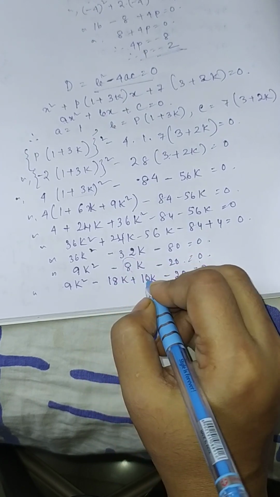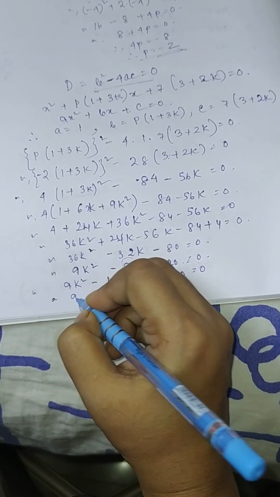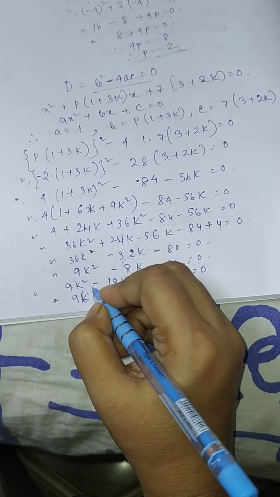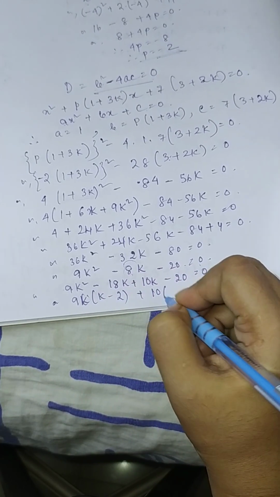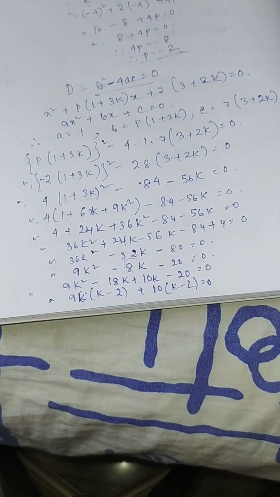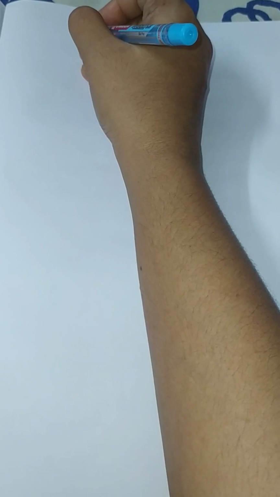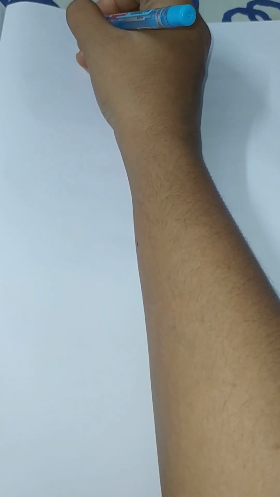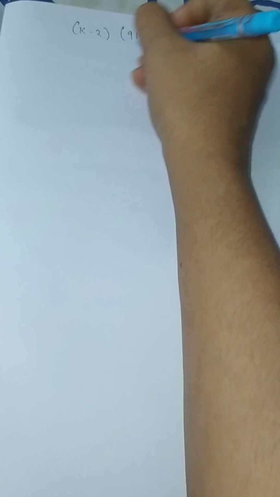So minus 18k plus 10k will be minus 8k, right? If I take common 9k, then 9k will be common, k minus 2, and here also if I take 10 as a common, k minus 2, that means equals to 0. Now it will be like this, k minus 2 into 9k plus 10 is equals to 0.